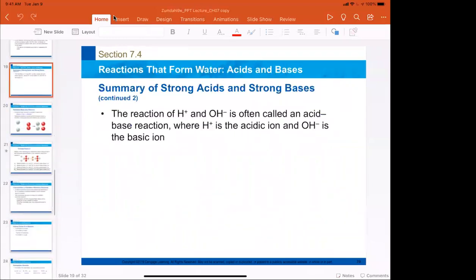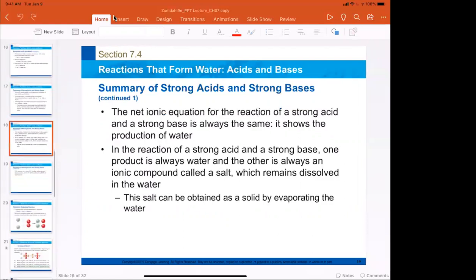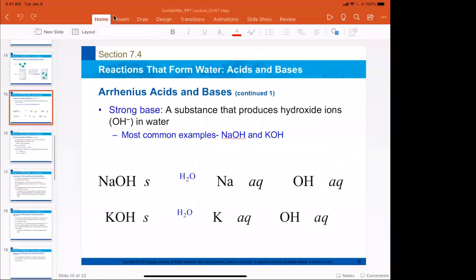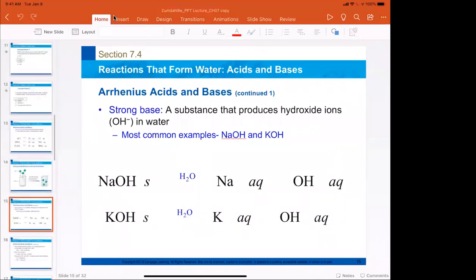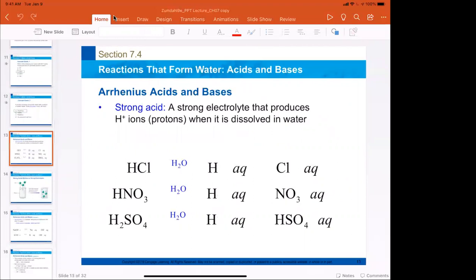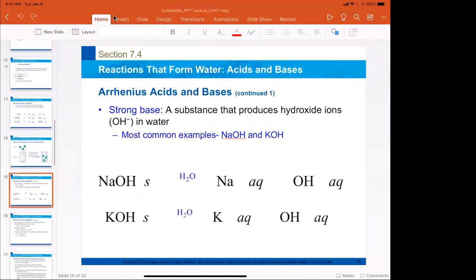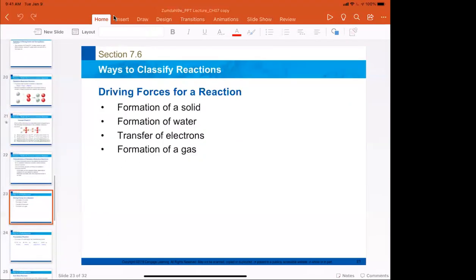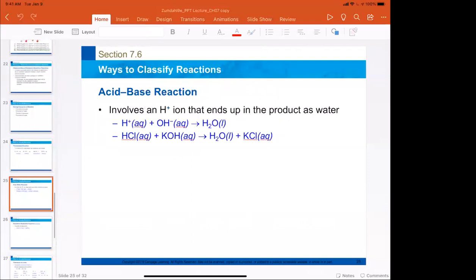So first, let's start with the acid-base reaction. An acid-base reaction is any time we have a strong acid, which is something with hydrogen, and a strong base, or OH, and together they neutralize and form water.